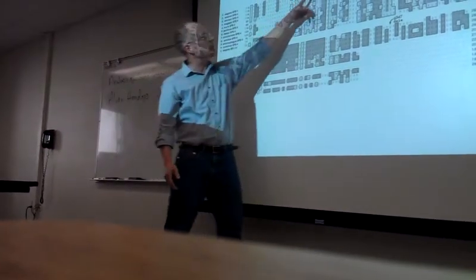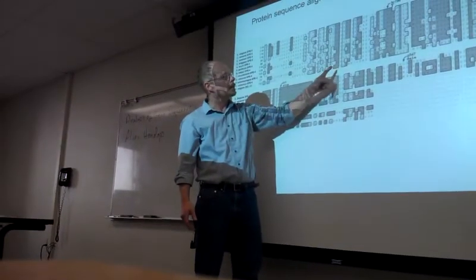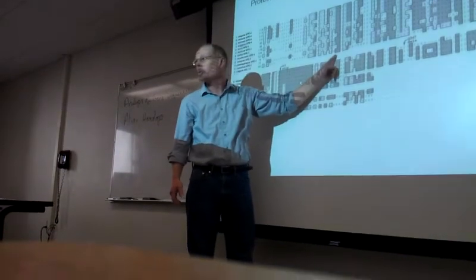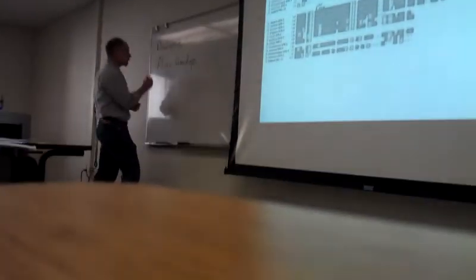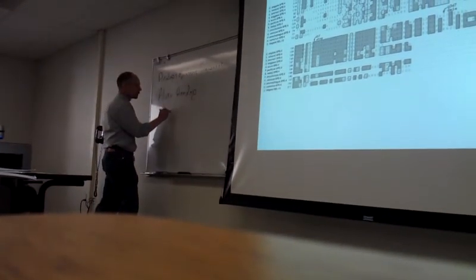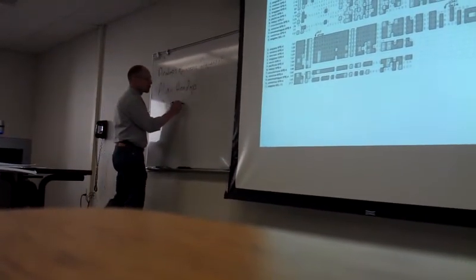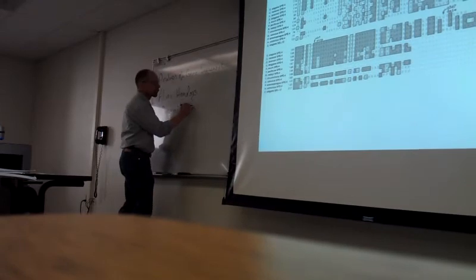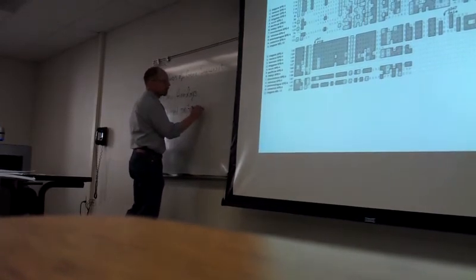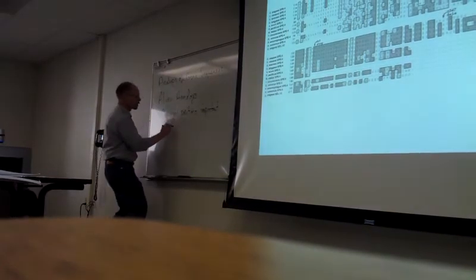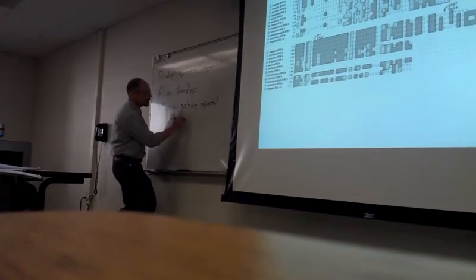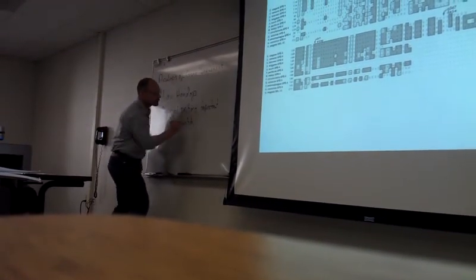So when we have a position that's highly conserved, that position is very, very important for function. So conserved positions are important for function. And if you think about this, it makes sense, right?